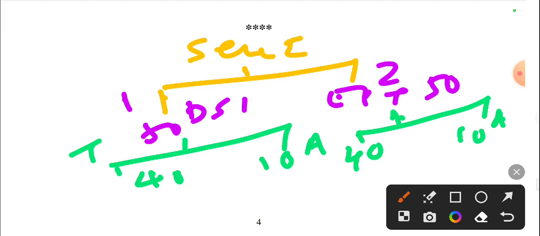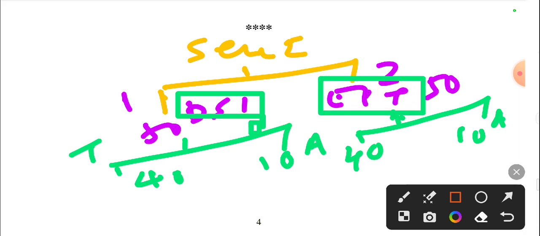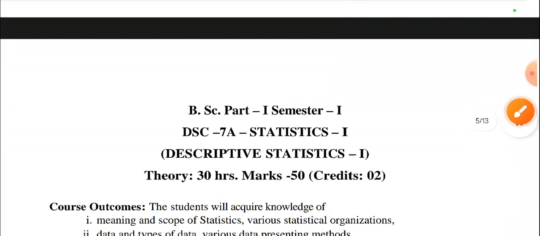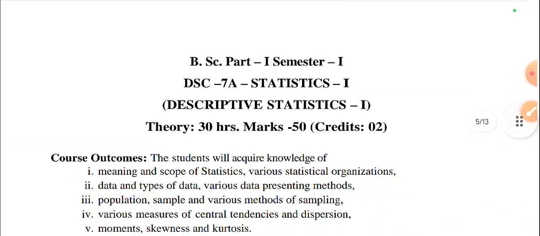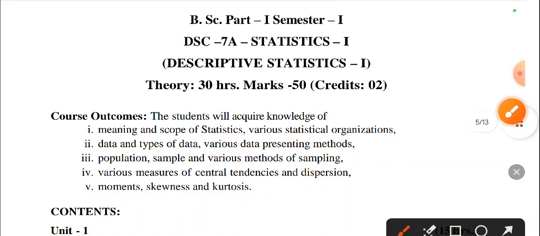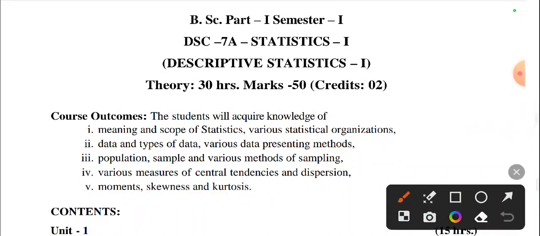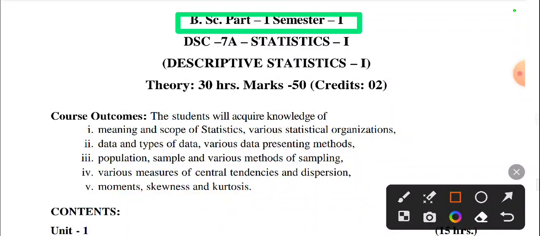So what is there in descriptive statistics 1 and elementary probability theory? We will discuss this. I will show you what is the composition and what is included in your syllabus. This is BSc part 1 and semester 1, the statistics course.